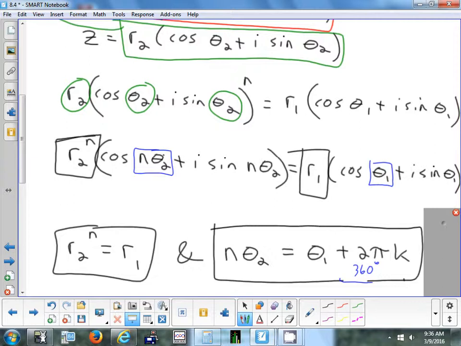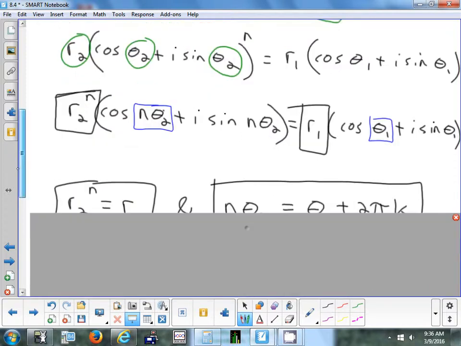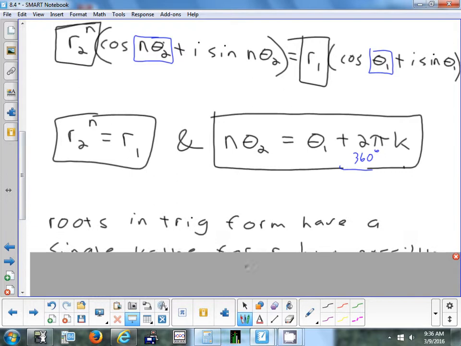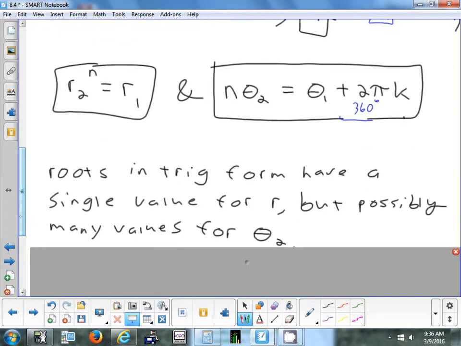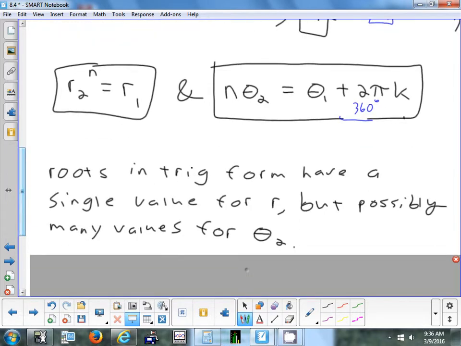K was always an integer. And that's what it is here. Okay? K is an integer. And by letting k be different integers, that's how we're going to get different answers for the angle.